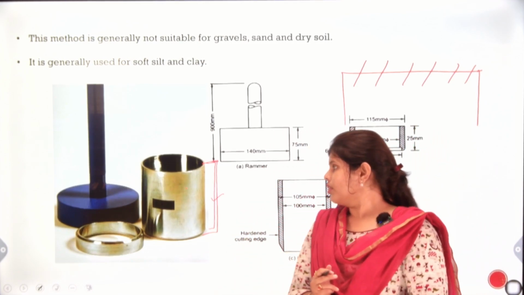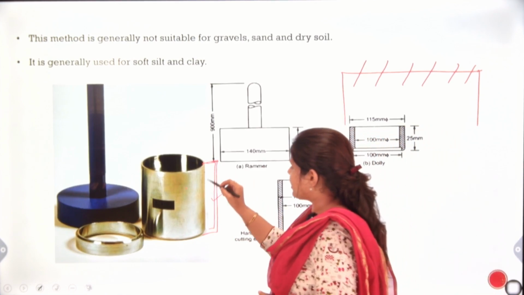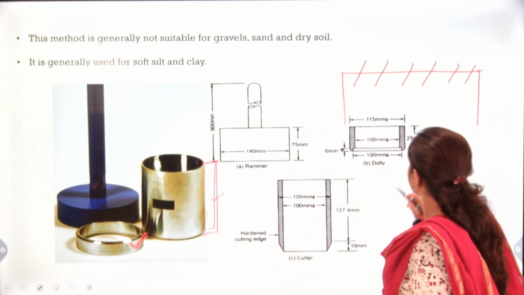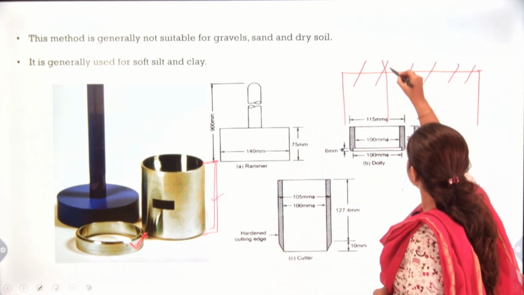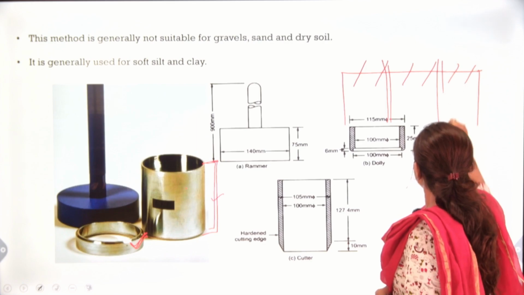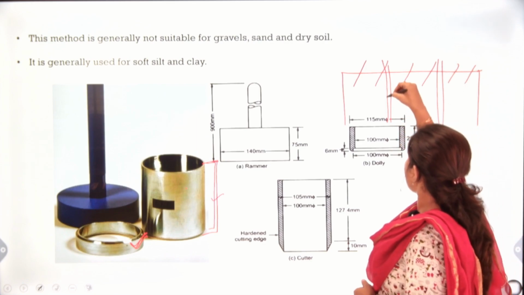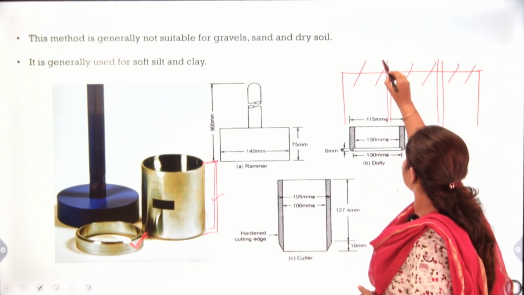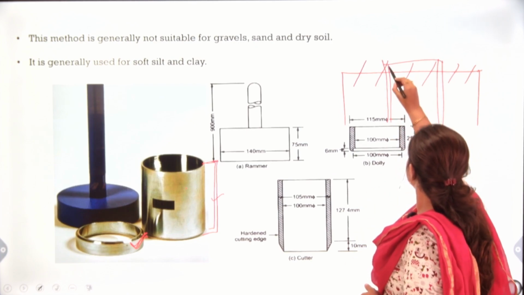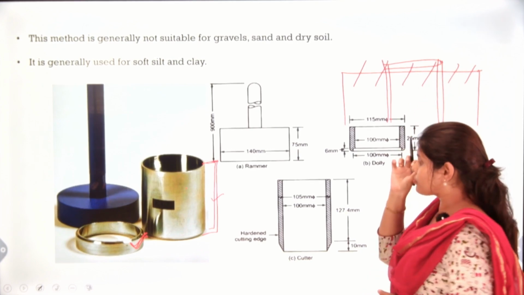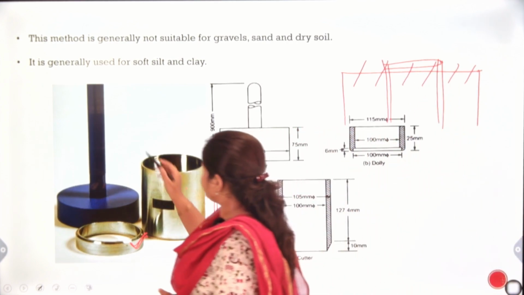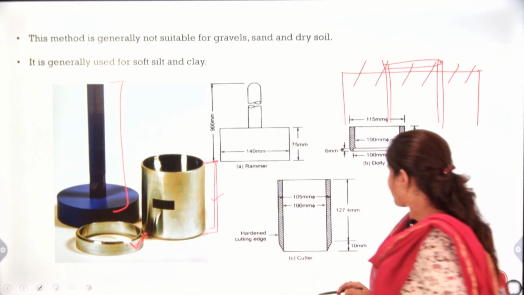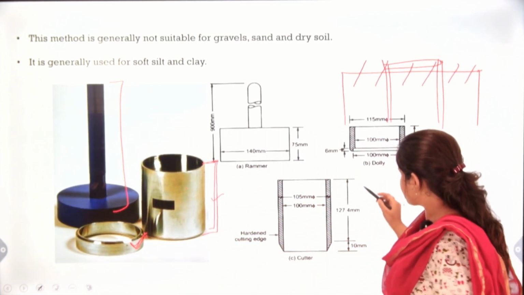It should be clay soil or silty soil. Here is your container, and this is your dolly. We put this container inside the leveled soil, and after we insert the core cutter, we put the dolly on it, and use the rammer.